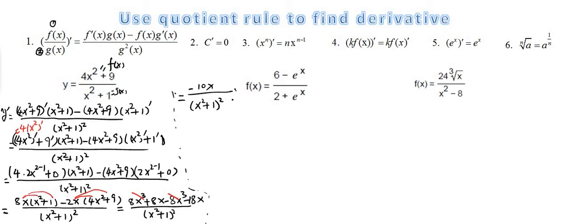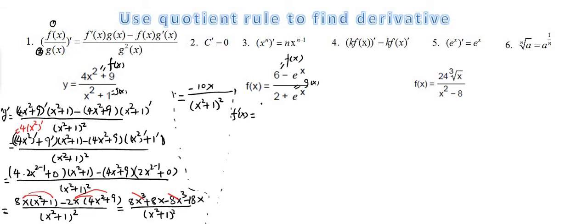Now let's take a look at the second one. Here we can see f(x) is 6 minus e to the power x, and g(x) is 2 plus e to the power x. Now let's do the derivative.